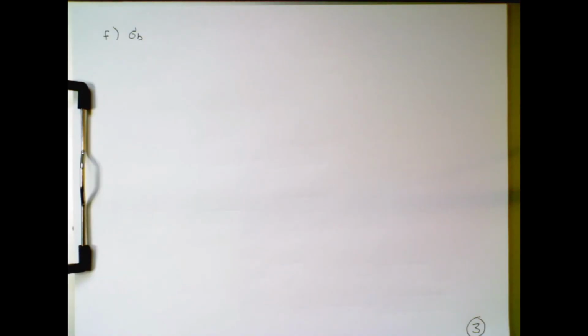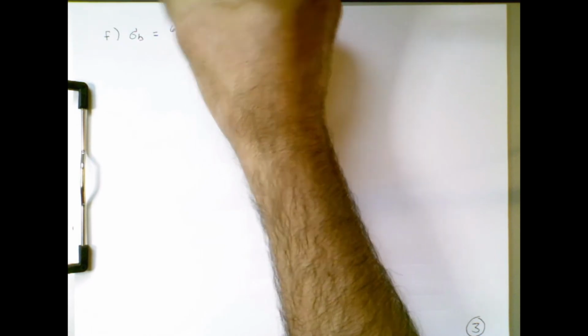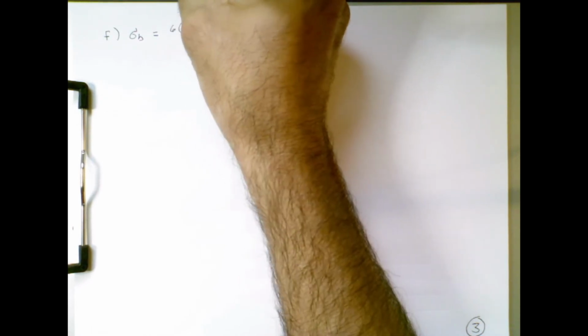Moving on to part F, we need to find the thread root bending stress. We can think of this setup as a cantilever beam but with annular geometry, and the formula is equal to 6 times 38% of the axial load.